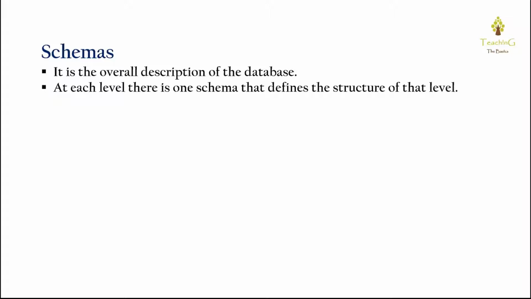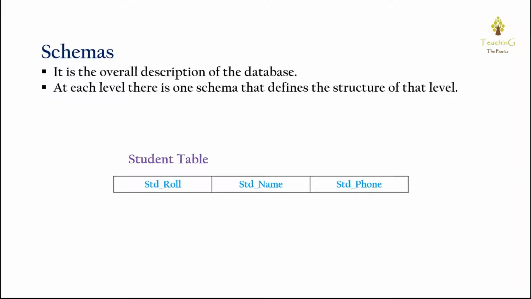So a schema can say what the name of the record is, how many columns there are, or how many tables there are, what the data types of the columns are, and whether there are any constraints associated with the record. Okay, so let's suppose that we have a schema of a student database, and there is a student table. In that student table, there are three columns. There is a student roll number, a student name, and a student phone.